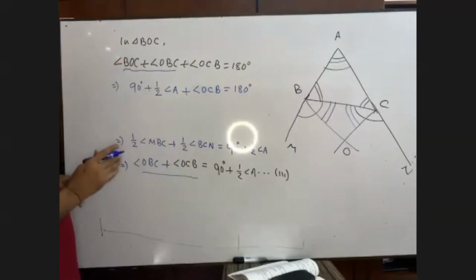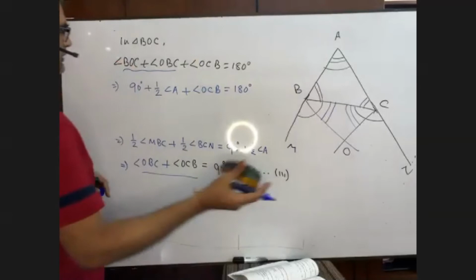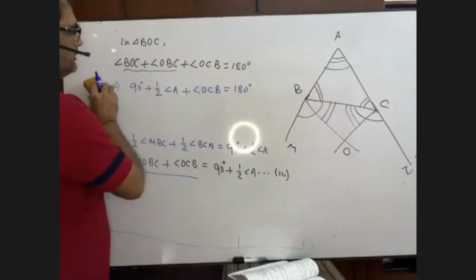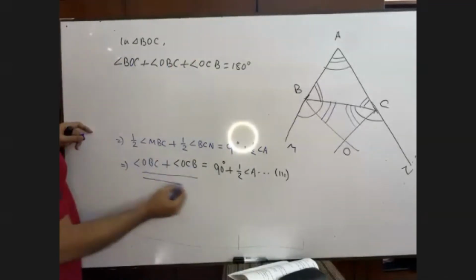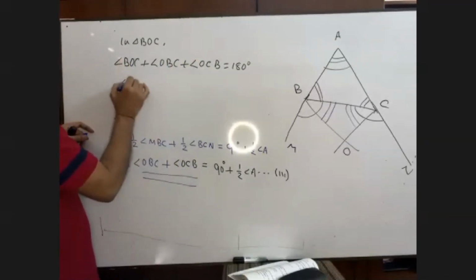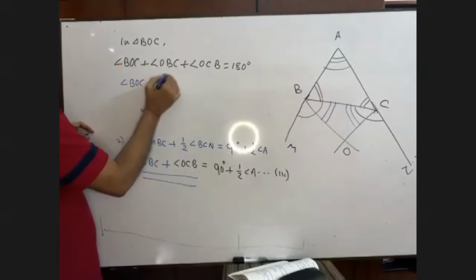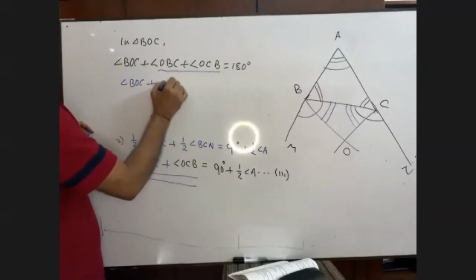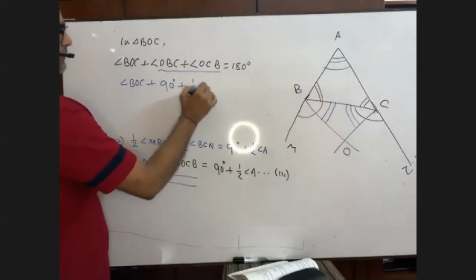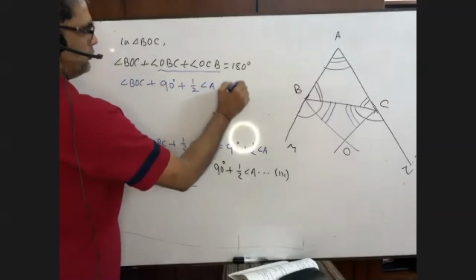Please pay attention. BOC is not given here, it will be kept as it is. BOC plus 90 degrees plus half of angle A equals 180 degrees.